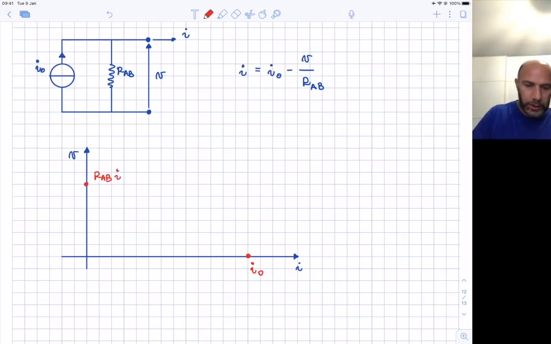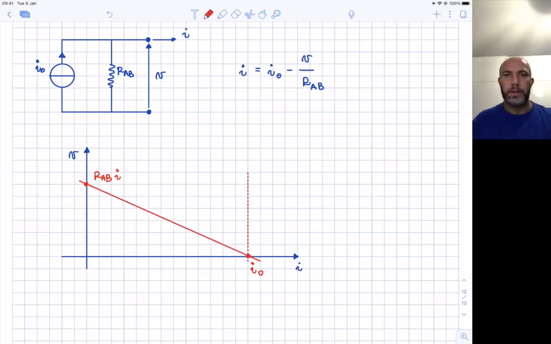The equation is the equation of a straight line passing through these 2 points. This characteristic is the characteristic of a current generator, whose current is not fixed, but the larger the voltage, the larger the reduction in the current.